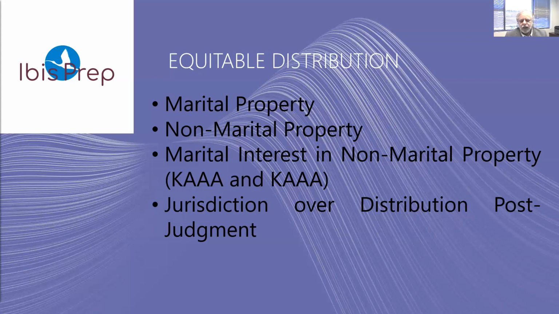But for non-marital property, and this has been tested, this is one of the most seminal cases in family law, and it's called the Kaa case. What Kaa had to deal with was a marital interest in a non-marital property.